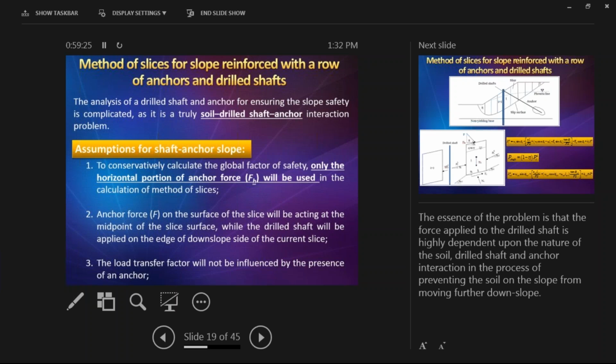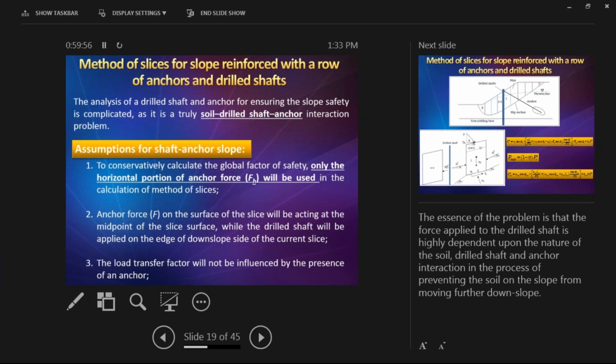So here are the assumptions made. For the anchor force together with the drill shaft in improving the factor of safety, we only consider the horizontal portion of the anchor force, FH, because the vertical component goes into the shaft, although that would increase the normal force at the base, but we ignore that, which is on the safe side.